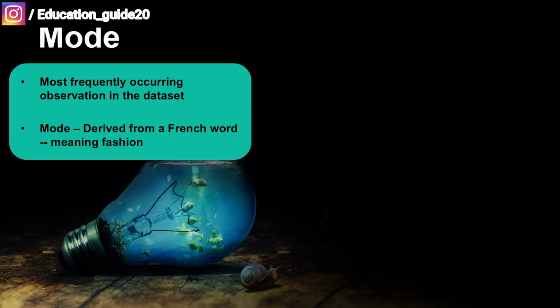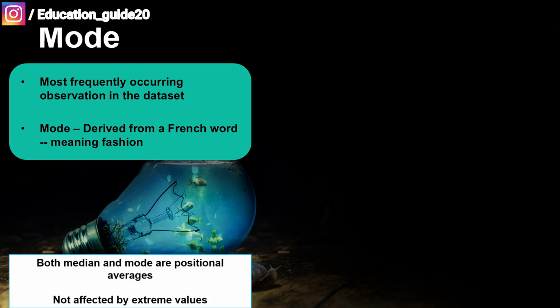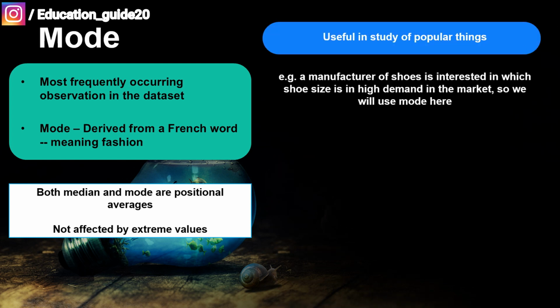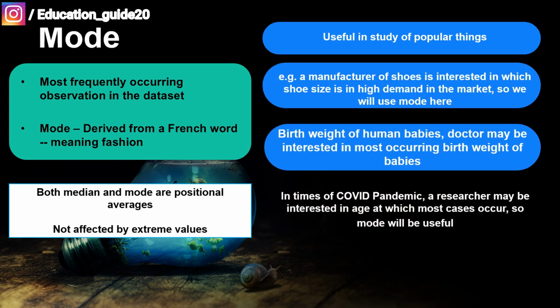Mode. Mode is derived from a French word meaning fashion. The most frequently occurring observation in a data set is its mode. It's useful in the study of popular things. For example, a shoe manufacturer is interested in which shoe size is in high demand in the market, so we will use mode here.